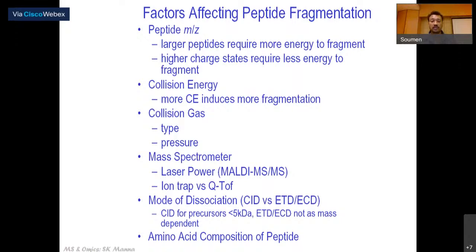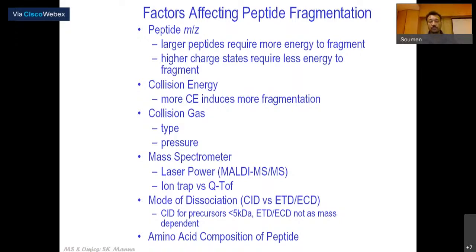Collision energy, of course, if you have more collision energy, there will be more fragmentation. Fragmentation depends also on the collision gas and the mass spectrometer. As we just talked about, MALDI will have lower fragmentation compared to ESI, and ion trap versus Q-TOF will have a different type of fragmentation pattern, and then the mode of dissociation.